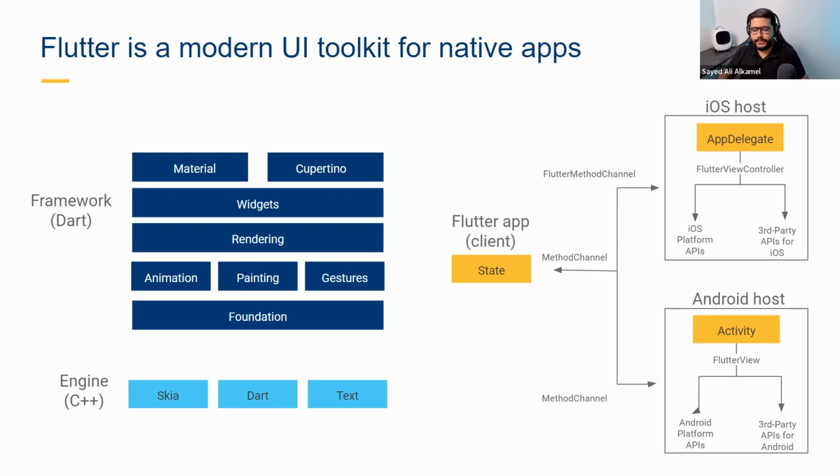So the good thing about Flutter that I think makes it a little bit unique compared to other platforms is that you have the ability to add some native code if you need to. For example, if you want to add a functionality in your application and it is not available in Flutter, or it is not yet clear how to do it in Flutter, you still have the ability to open a method channel to your Android project or your iOS project, do that natively, and call it from your Flutter code.